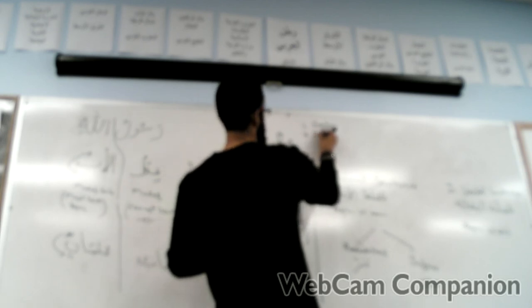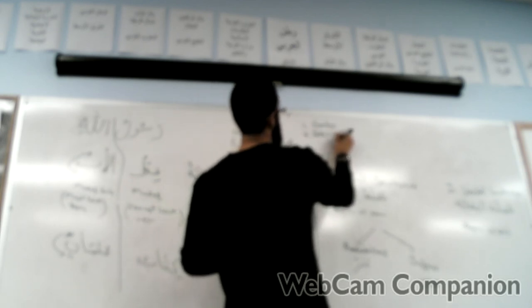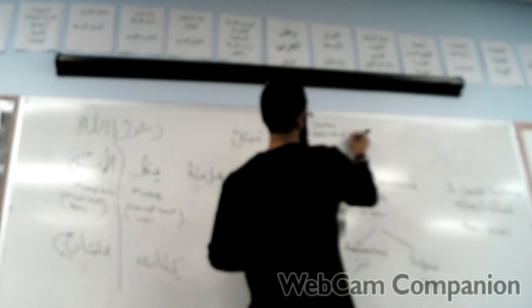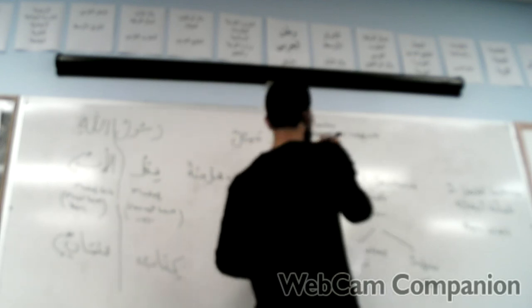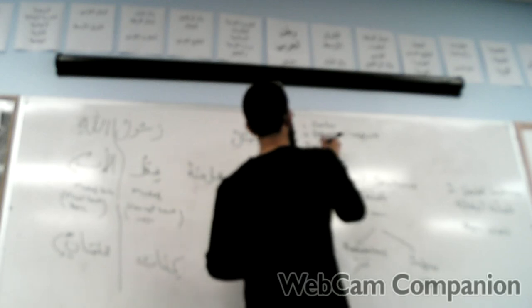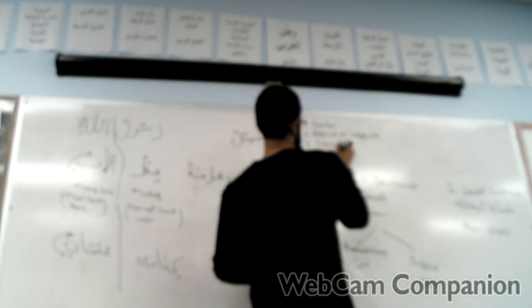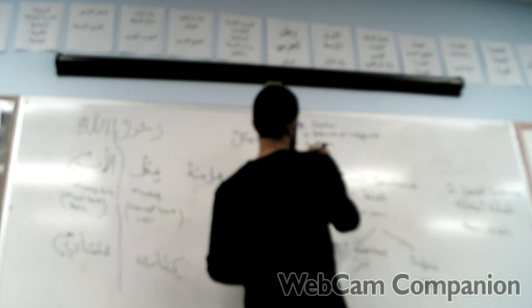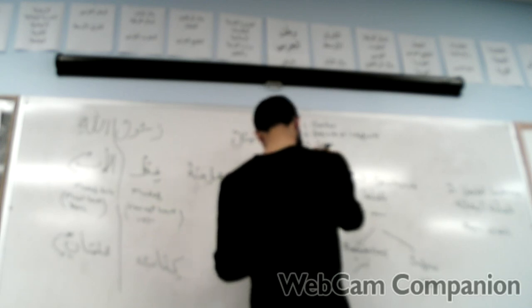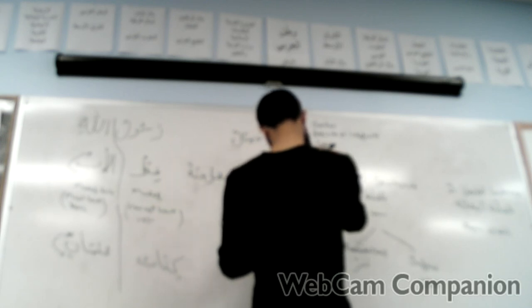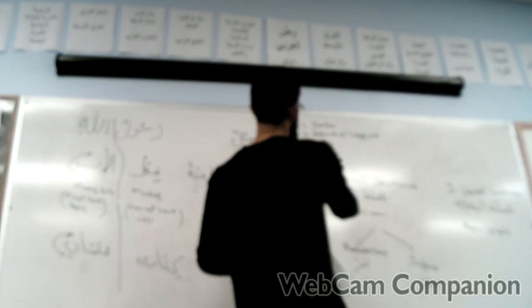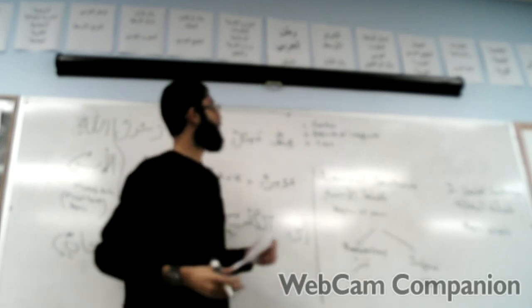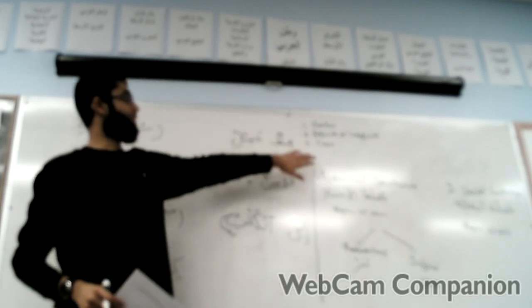Definiteness, definite or indefinite. It agrees in case, like majrur, mansub, marfu. Oh no, we said gender. So I think these are the 3 for now. So gender, definiteness, and case.